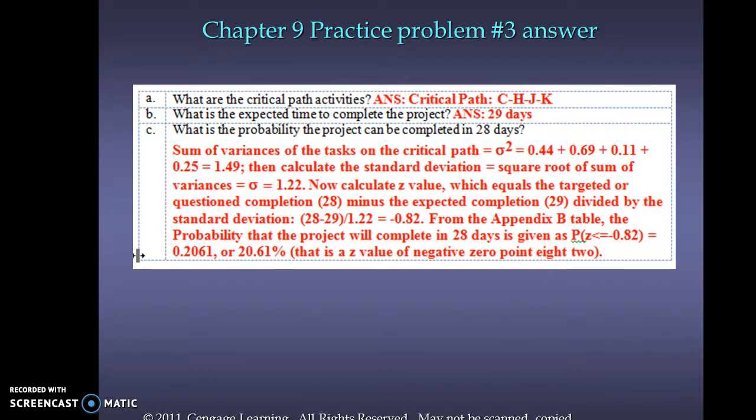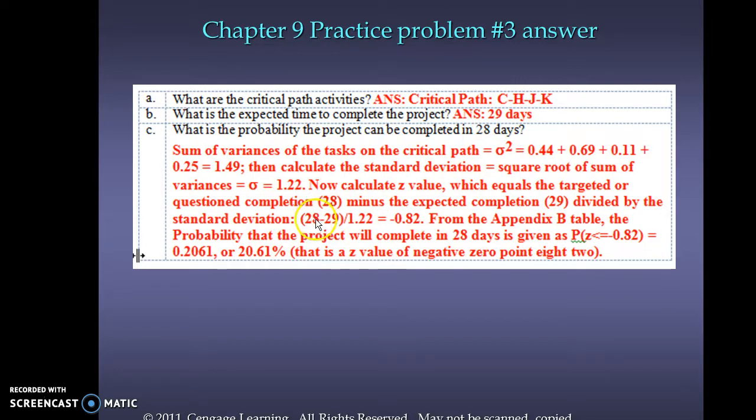And again, I've given you here the answers for the critical path activities, and with regard to the calculation for probabilities, in this case, we get the targeted or question completion time of 28 days minus the expected completion. So this is asking us what's the probability of the project completed in 28 days versus the expected of 29.